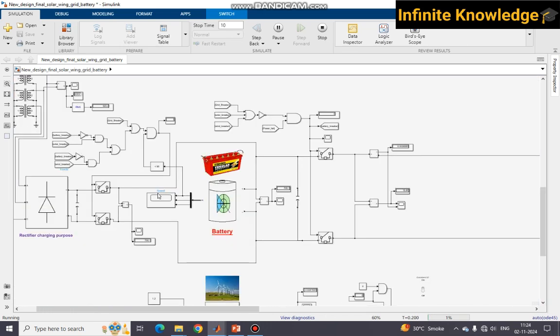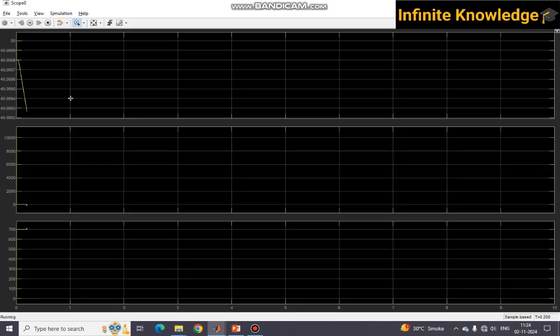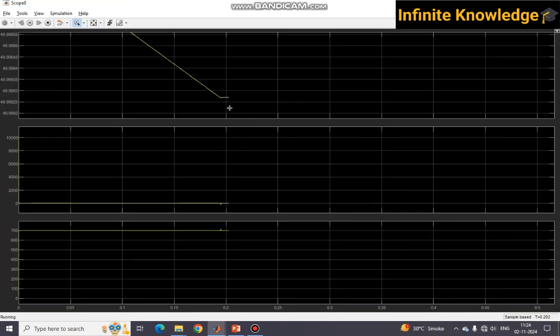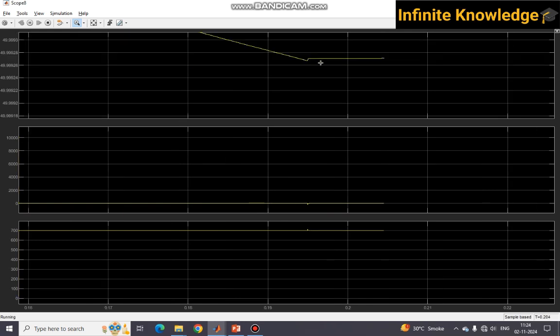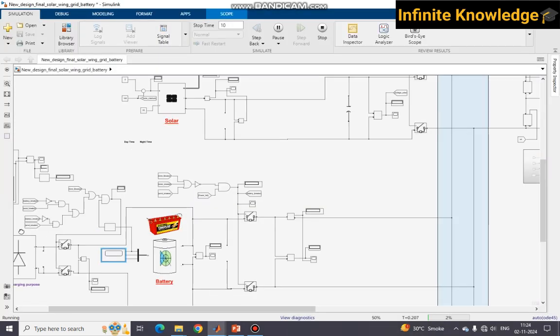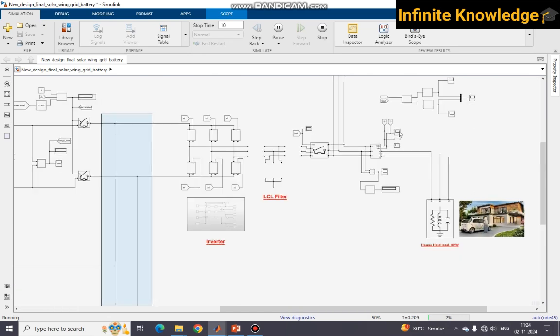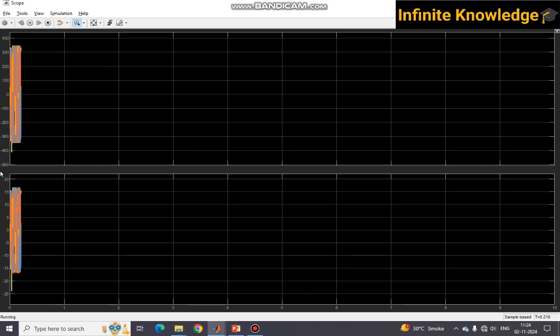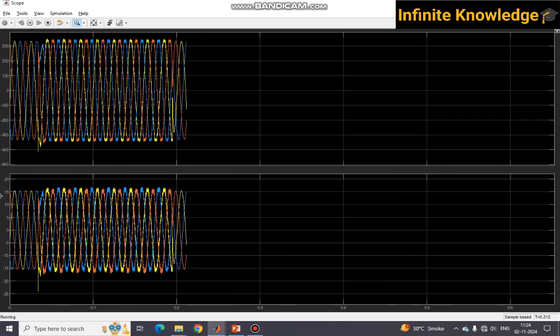Initially it was discharging, but right now it is charging. You can see this spike. So right now it starts charging from the grid as my supply comes back, and you can check the voltage level also.